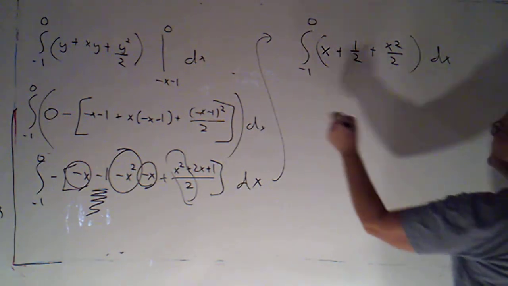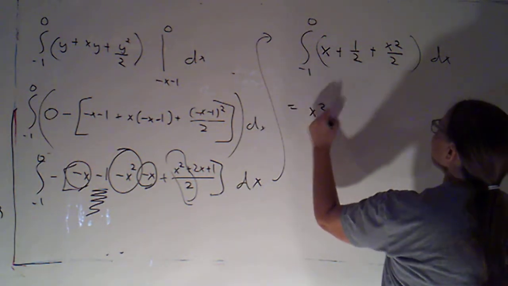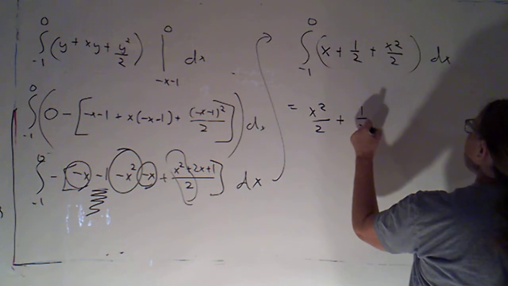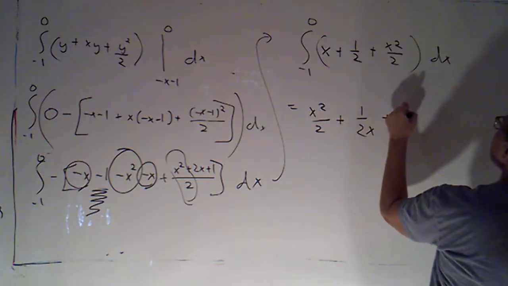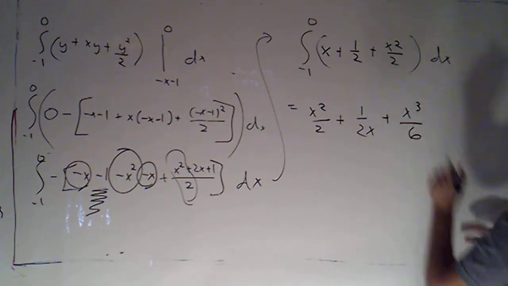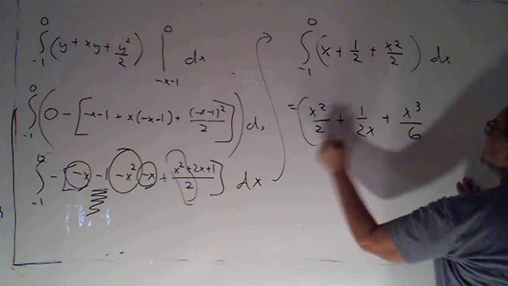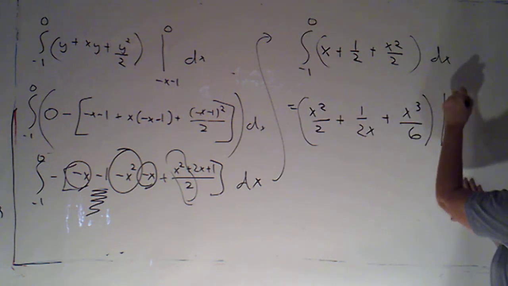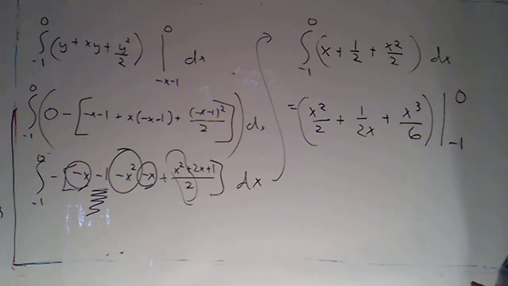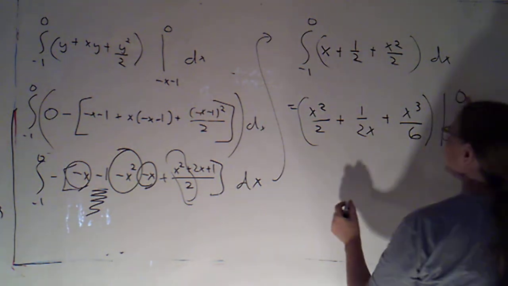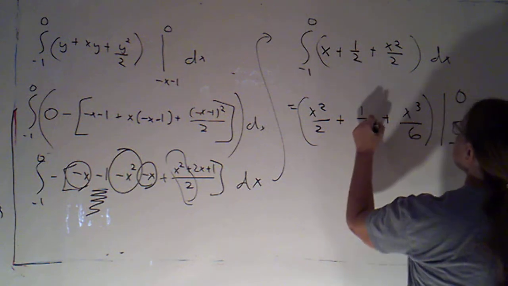Okay, so that's going to give me x squared over 2 plus 1/2 x plus x cubed over 6. And all of that is evaluated between 0 and -1. Okay. Again, I'm plugging in 0 first. Whoops, this is 1/2 x.